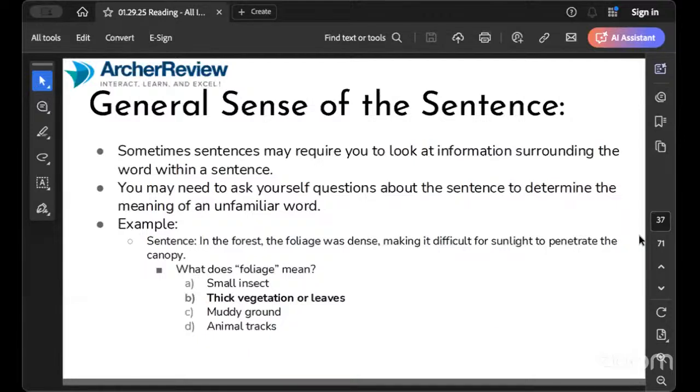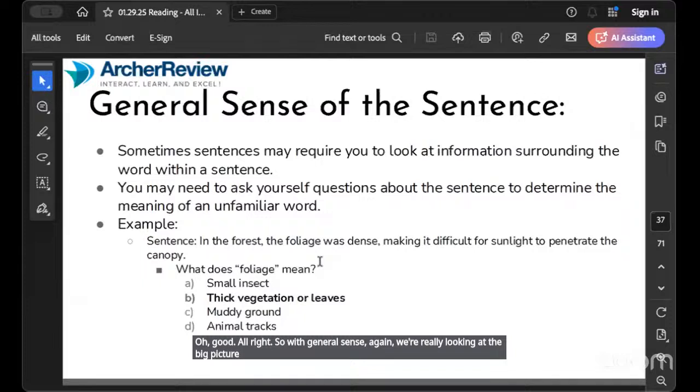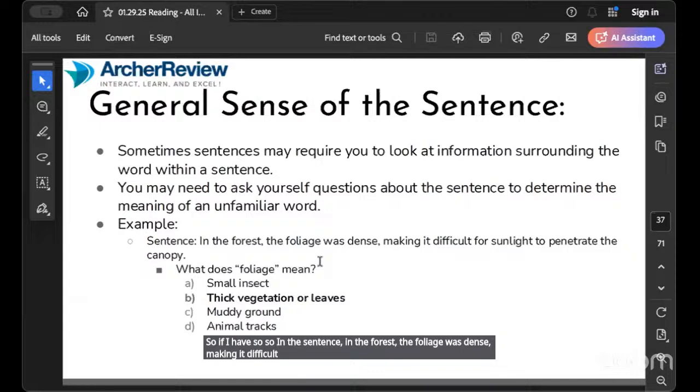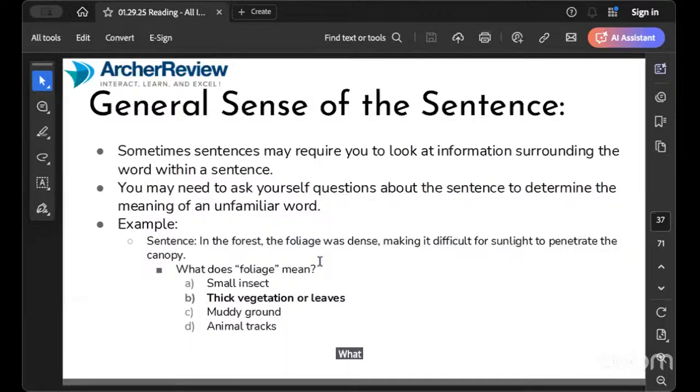Oh, good. All right, so with general sense, again, we're really looking at the big picture of what's going on in the sentence. So you might have to ask yourself, what's going on? If I have the sentence, in the forest, the foliage was dense, making it difficult for sunlight to penetrate the canopy, and they ask you what foliage means, you've got to look and see what's going on in that sentence.